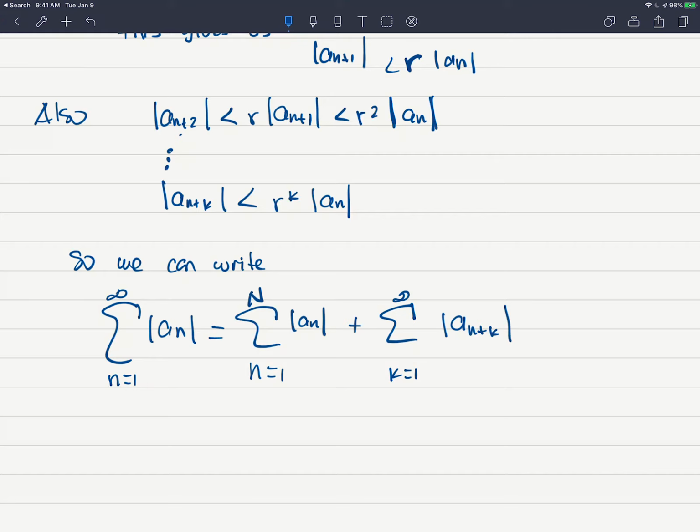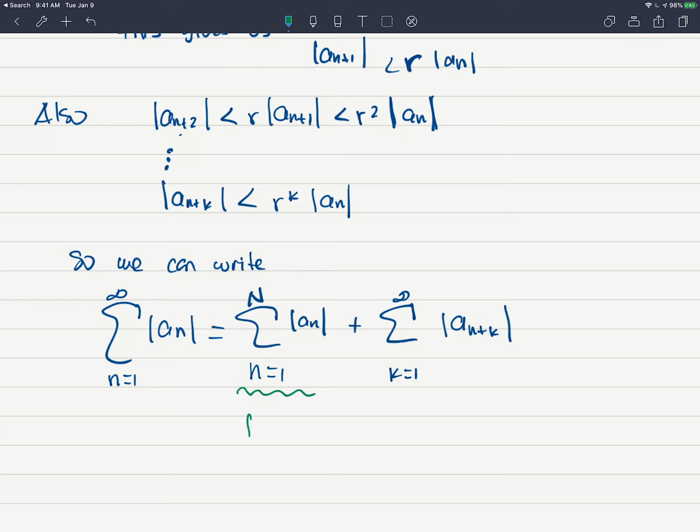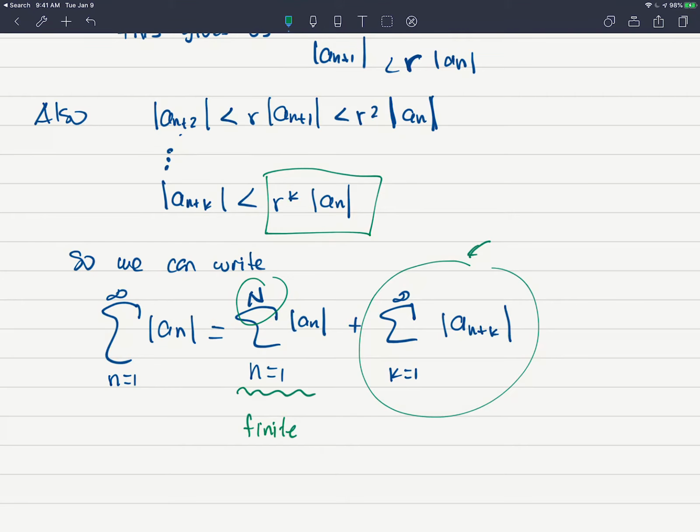Now I have the sum of two series of positive terms, but the first one, sorry, is not really a series. This is just a sum of N terms. This is finite, right? I'm only adding N terms. And this one is convergent because this part is smaller than the geometric series with r to the k.